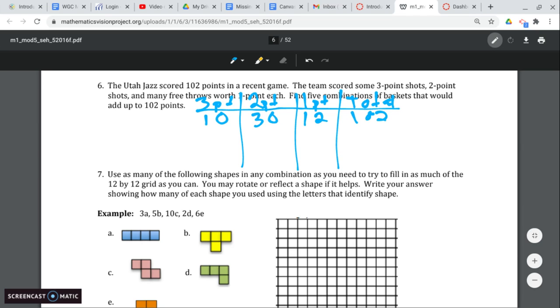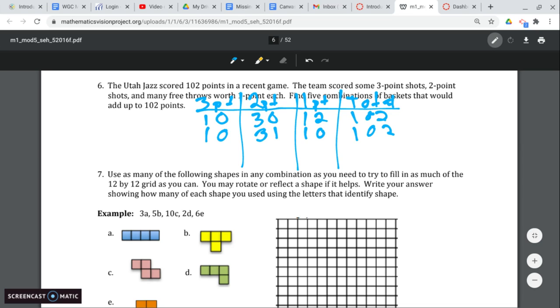Now from there, we can alter it. We can do 10 3-pointers, 31 2-pointers, and 10 1-pointers to get to our 102.